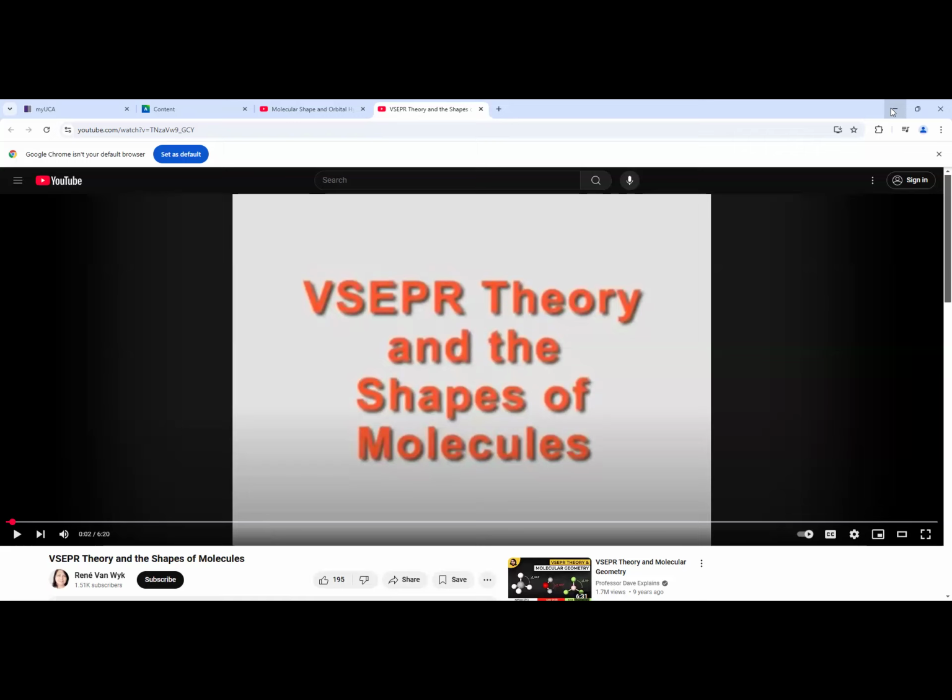Now, because the equatorial is 120 degrees from each other, that is where the lone pairs are going to go. And once you replace one with a lone pair, it has a seesaw shape. When you replace 2 lone pairs, what's left looks like a T. And so you can play with it to see these different molecular geometries.